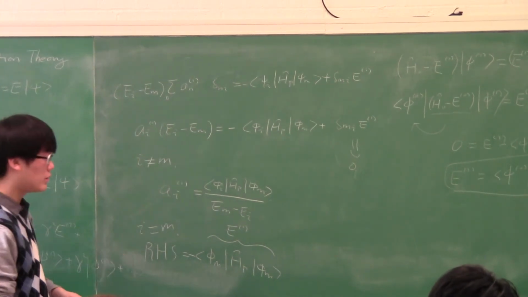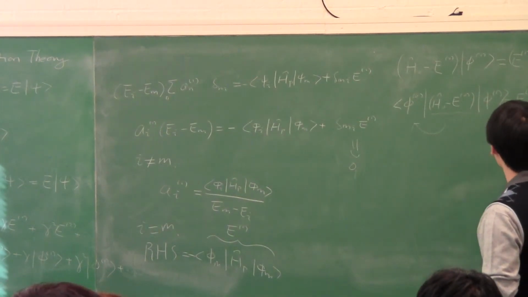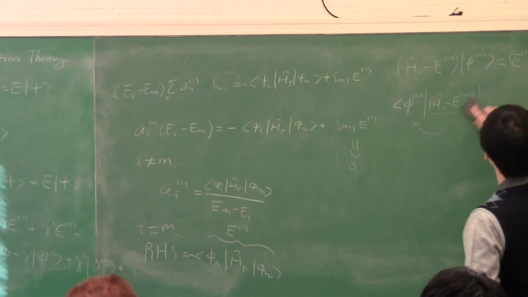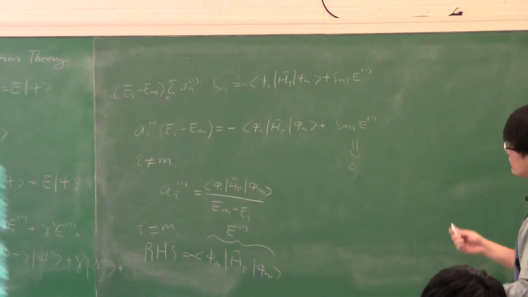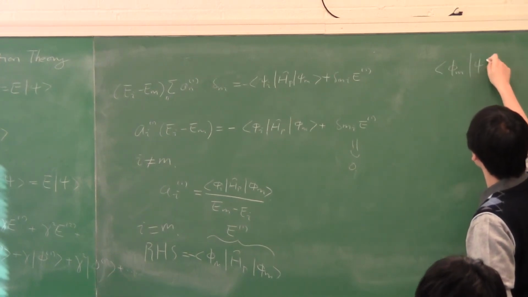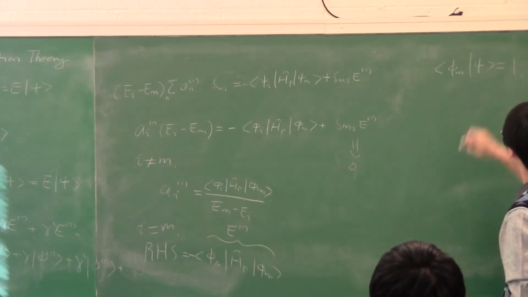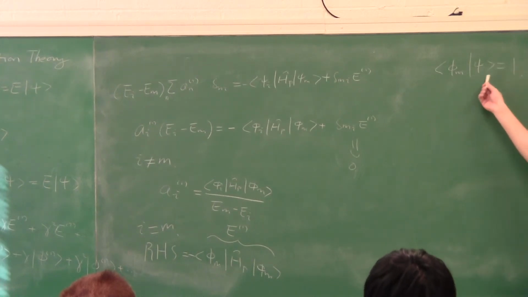But there is also still a way to determine this, and that is we want to fix the length of the wave function. And we can do that by requiring that phi m and the real eigenfunction be equal to 1. Okay. So this fixes the norm of this function here.